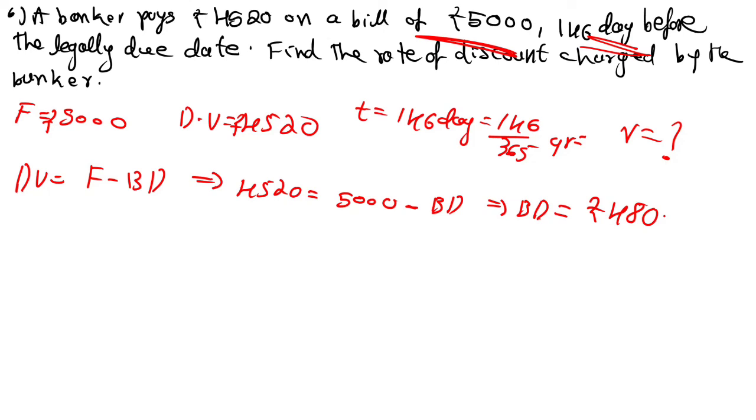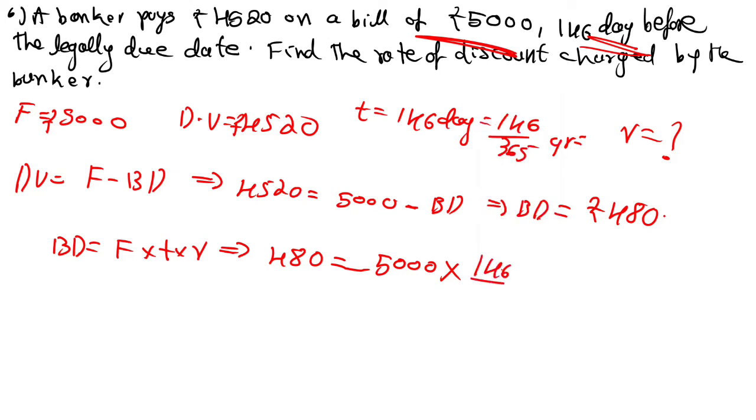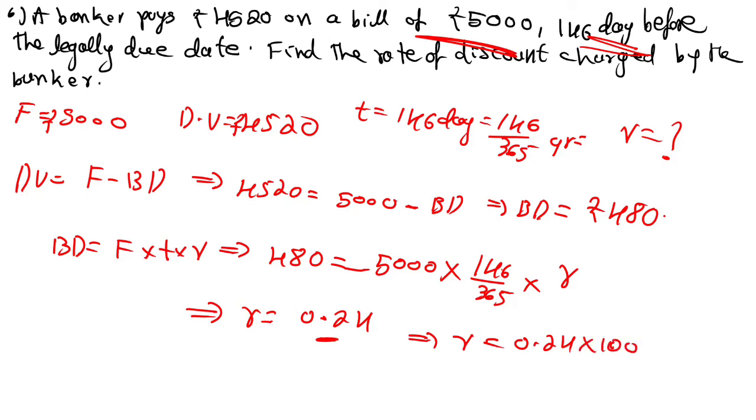Apply the formula BD equal to F into T into R: 480 equal to 5,000 into 146 divided by 365 into R. If you simplify this, you will get R equal to 0.24. To convert decimal into percentage, R equal to 0.24 into 100% equal to 24%. Clear?